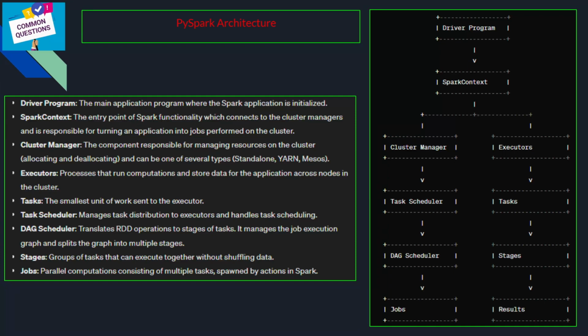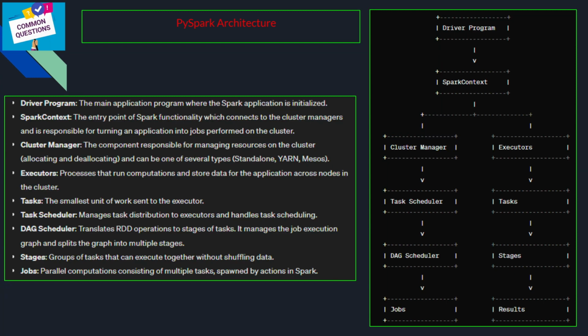So a stage is comprised of tasks based on partitions of input data. The DAG scheduler pipelines operators together to optimize the workflow. So that is what the DAG scheduler is. Now coming to the task scheduler.